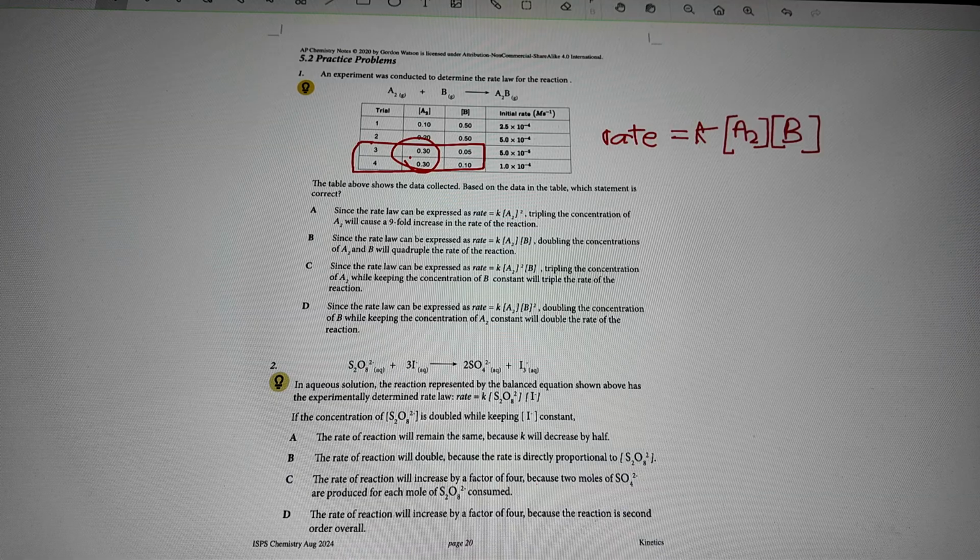That's not what we saw here. We saw that doubling this B caused the rate to double.